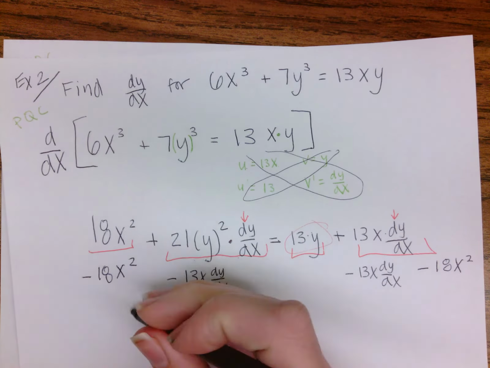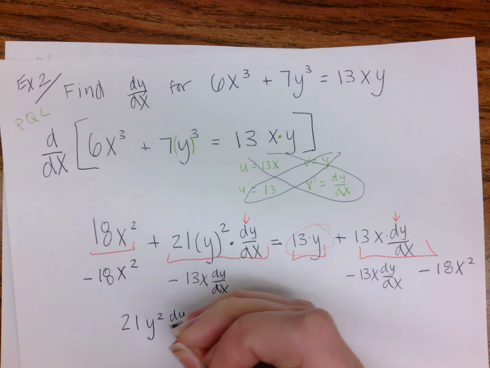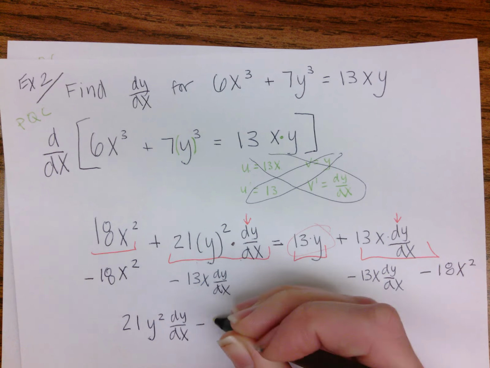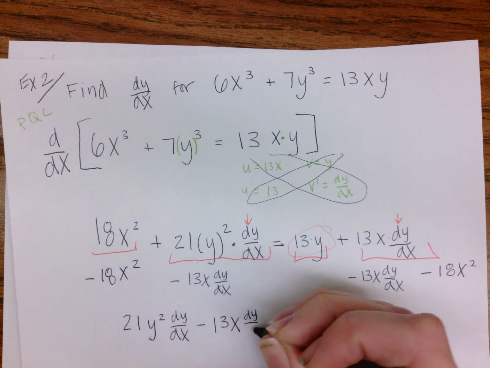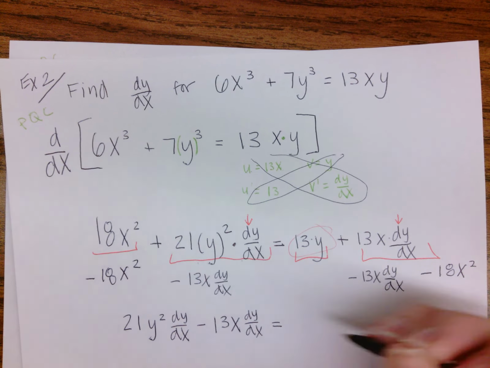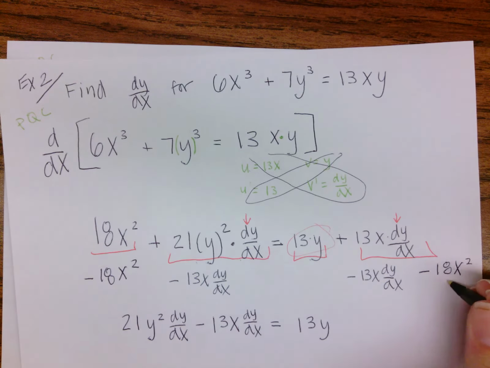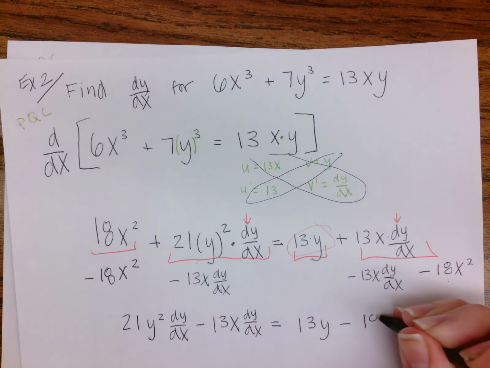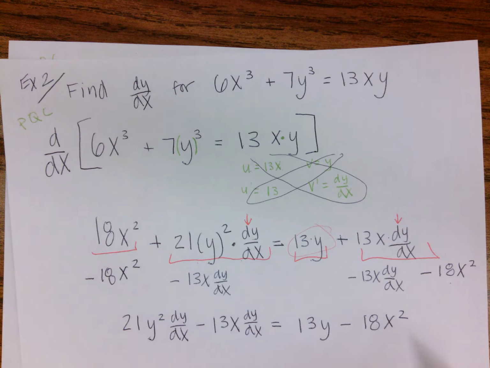So I'm going to have 21y squared dy/dx minus 13x dy/dx equals 13y, that's this one, minus 18x squared. So 1, 2, 3, 4 terms.